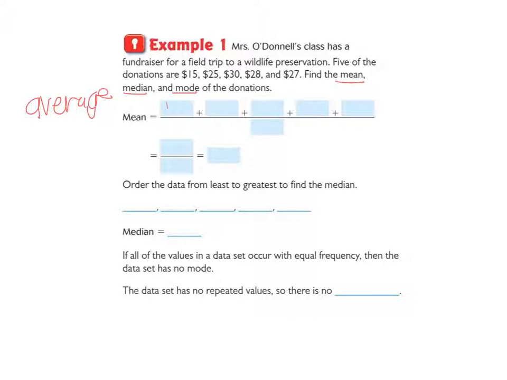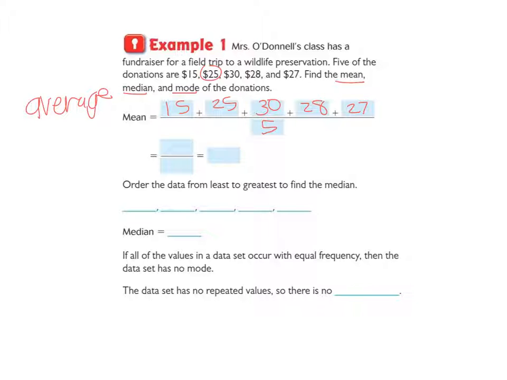So I'm going to move these down here. We have 15, 25. You guys see where I'm getting these numbers? 30, 28, and 27. I'm going to divide it by the total number of values. 1, 2, 3, 4, 5. So I'm going to divide it by 5. So pull out your calculator, or you can do this in your head if you'd like to.